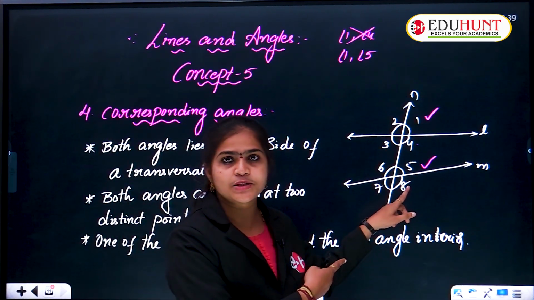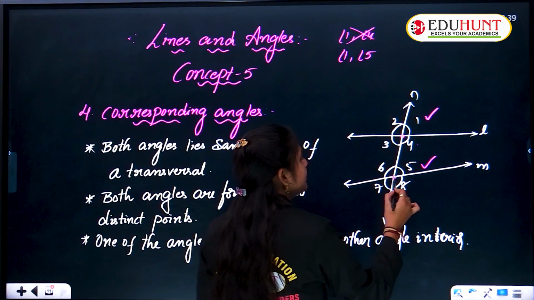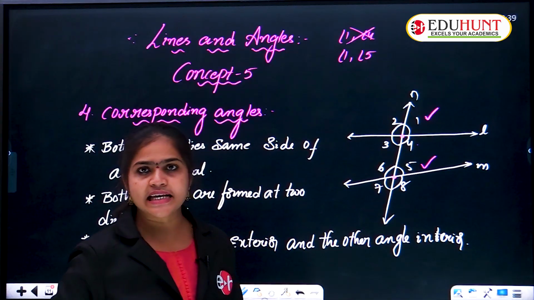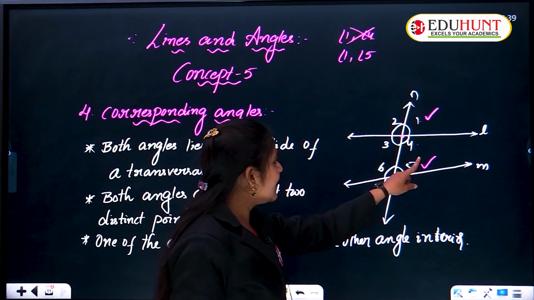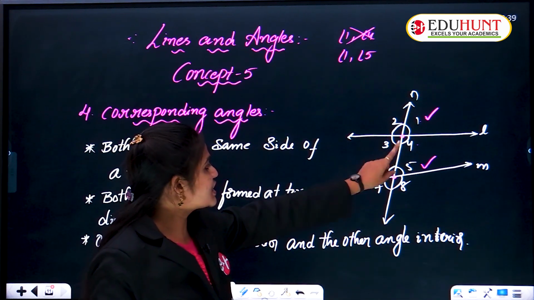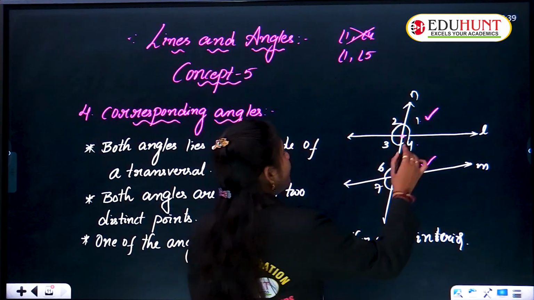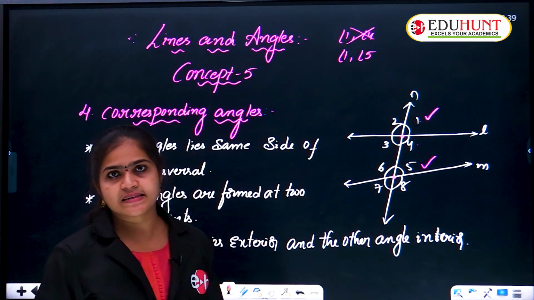This is also satisfied, no? 1 is formed at this point and 5 is formed at this point, at two distinct points. Third point, one is an exterior angle, another is an interior angle. Yes? 1 is exterior, 5 is interior. Am I clear to you, ma? Then 1 and 5 are one pair of corresponding angles.